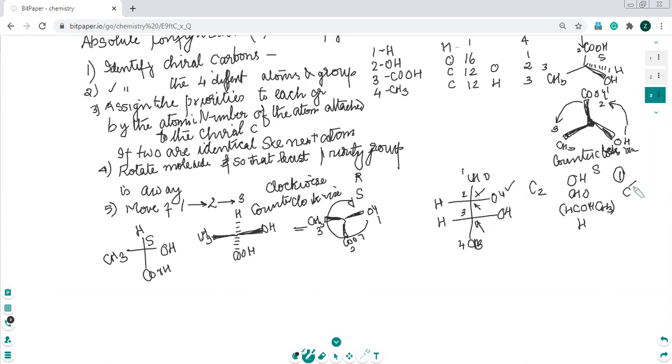One has oxygen and a hydrogen. Remember, the double bond is considered as 2 single bonds with the same atom. Here you have only 1 oxygen, 1 hydrogen, and 1 CH3. Now this double bond is considered as 2 single bonds.